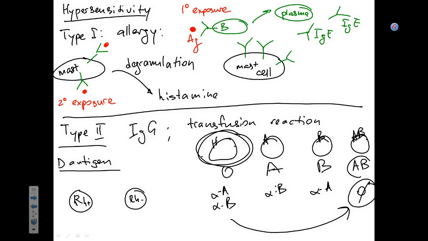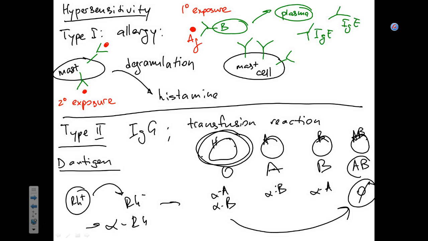It's going to cause hemolysis, and the person is going to be royally screwed, right? Now, say rhesus factor. What can happen if you transfuse rhesus positive red blood cells into a rhesus negative person? Anti-rhesus antibodies.